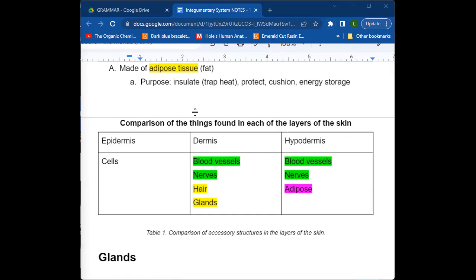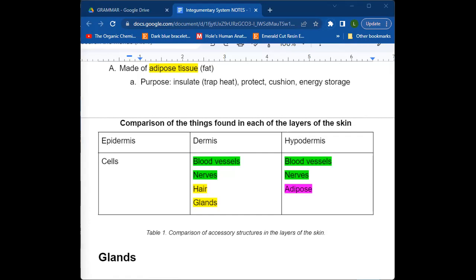Just cells, and that's it. Then in the dermis is where you're going to begin to find blood vessels, hair follicles, nerves, and glands. So notice that the glands are only in the dermis.